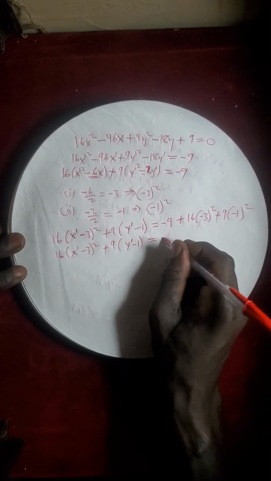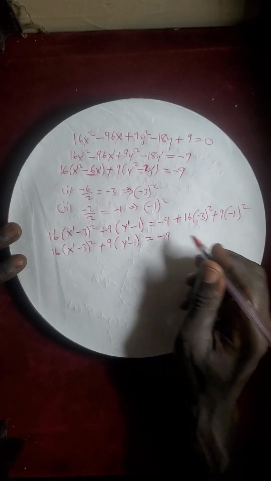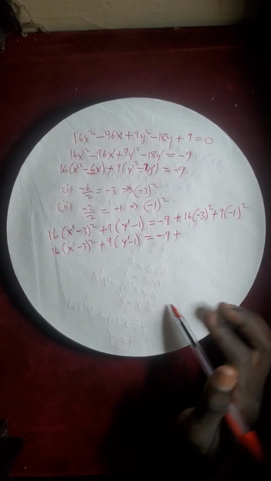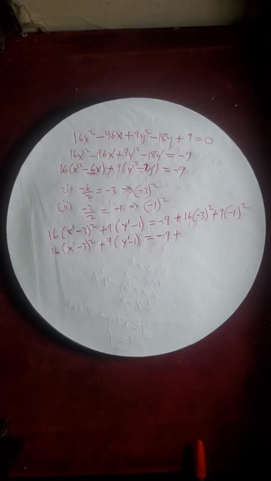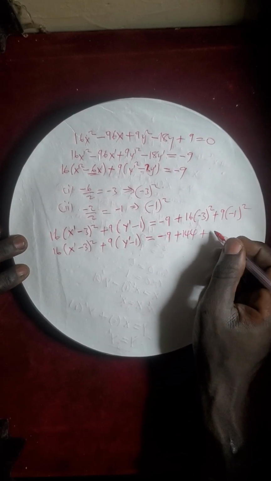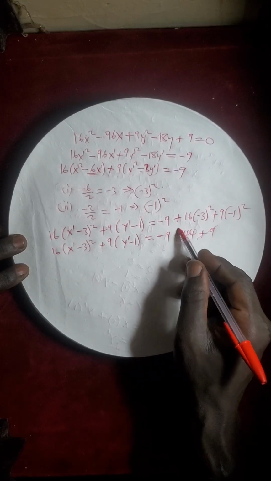So if you look at that, this is 9. We'll maintain. 9 times this is 9. 9 times 16. Oh, sorry. 16 times 9. That's 144, like in the previous question, it was 144. Plus, this is just 9 on its own. So this 9 and this 9, we are going to eliminate each other.